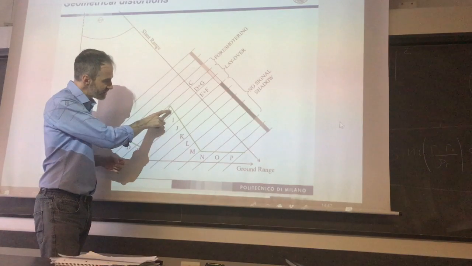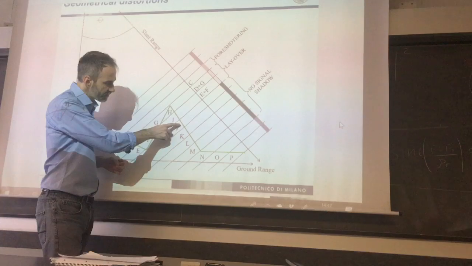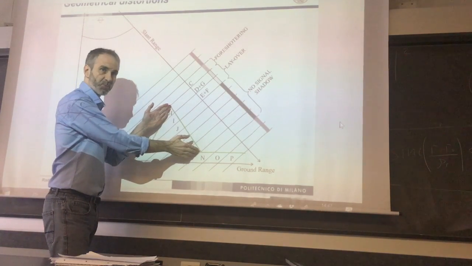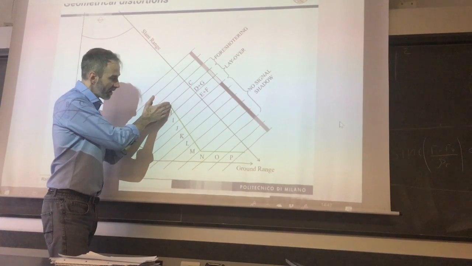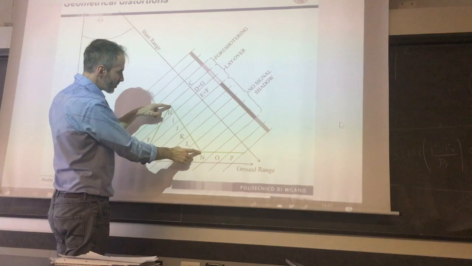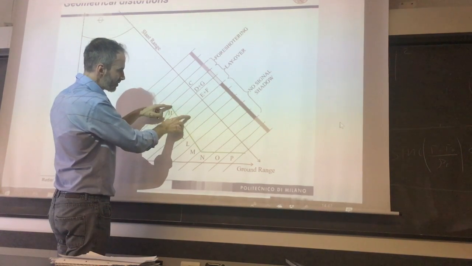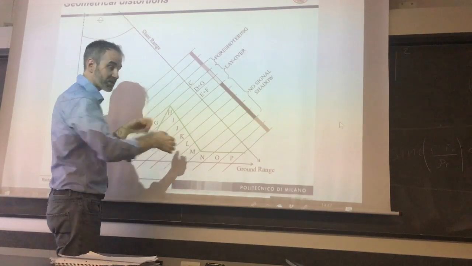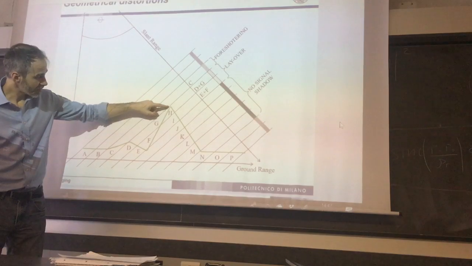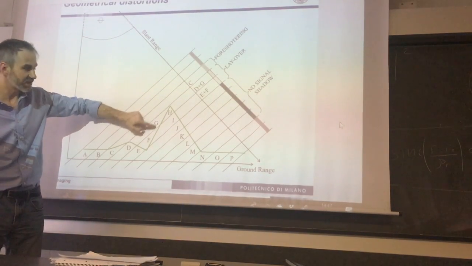Meaning that all these elements of the mountain fall at different range positions, and so this part of the mountain will take 1, 2, 3, 4, 5, 6 range pixels. This other part of the mountain will just fall in 2 range pixels.